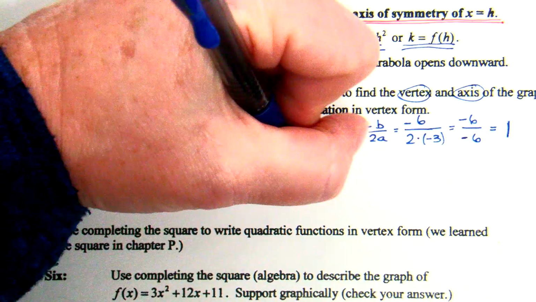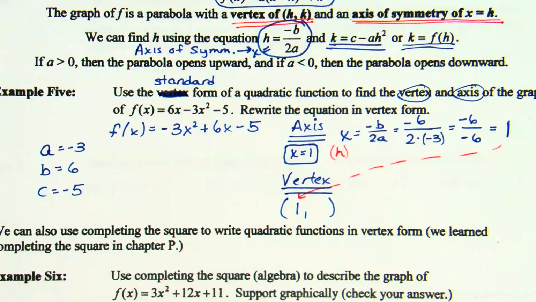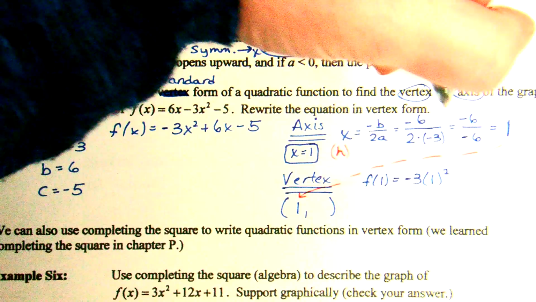How do you want to find the second part of the vertex? In Algebra 2, I can guarantee I taught you to just take that 1 and plug it in. So plug it into what? The original equation. So I'm finding basically f of 1, which is doing negative 3 times 1 squared plus 6 times 1 minus 5.